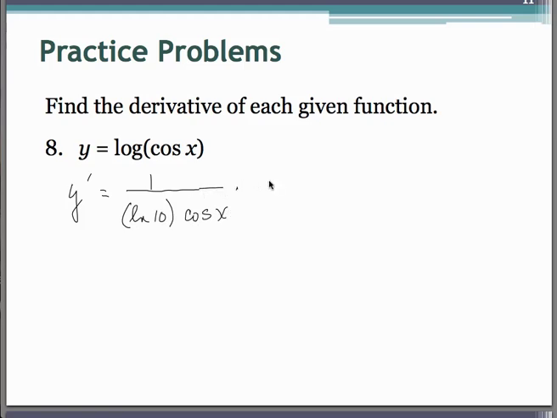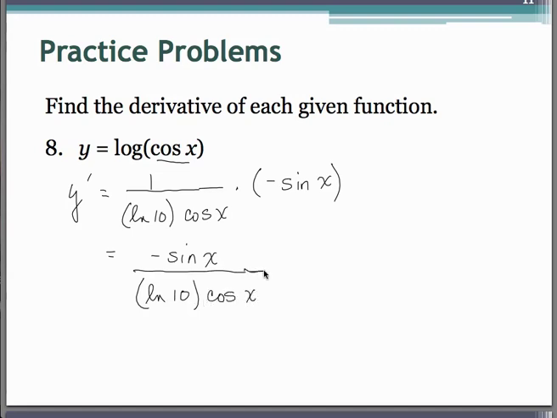Now you have to multiply that by the derivative of cosine, which is going to be negative sine. So we have negative sine of x over natural log of 10 times cosine of x.